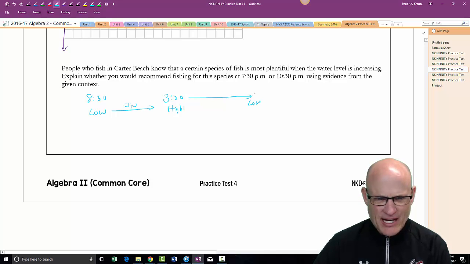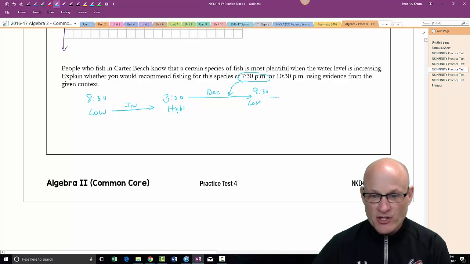And this happened at 9:30, 6.5 hours later. So now it's decreasing. So 7:30 p.m. would be during a decreasing time. At 9:30 p.m., it starts to go back up for another 6.5 hours, which will take you somewhere around 4 o'clock in the morning, 4 a.m.